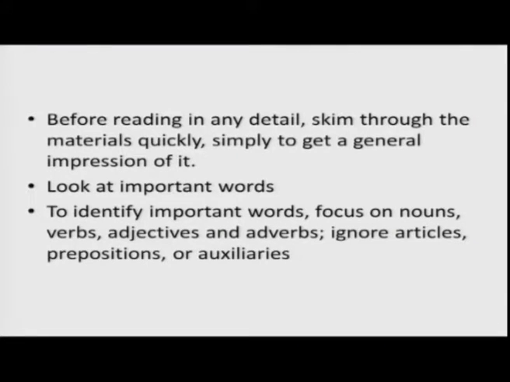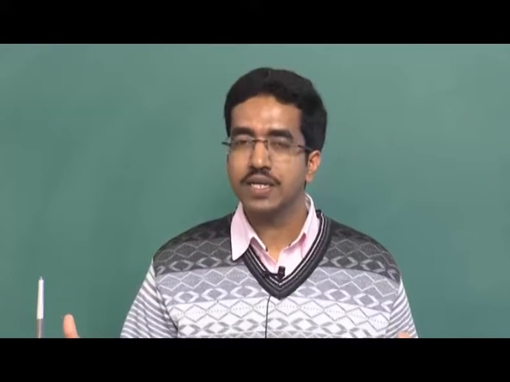Usually these important words are what we call content words, namely nouns, verbs, adjectives, adverbs. So, we can ignore articles, prepositions or auxiliaries, because you are only looking for some key important words to get an overall understanding of the text.